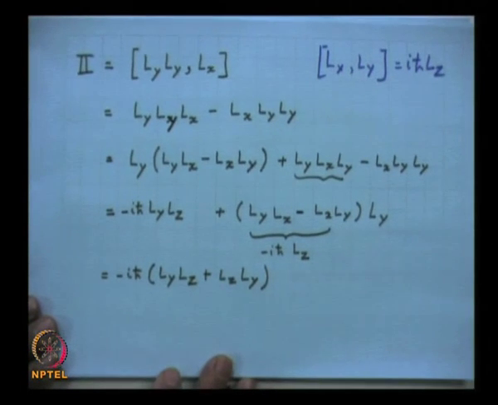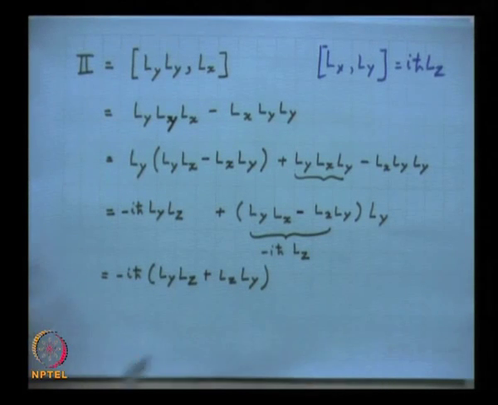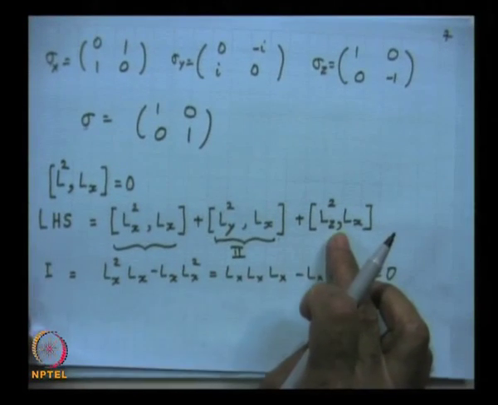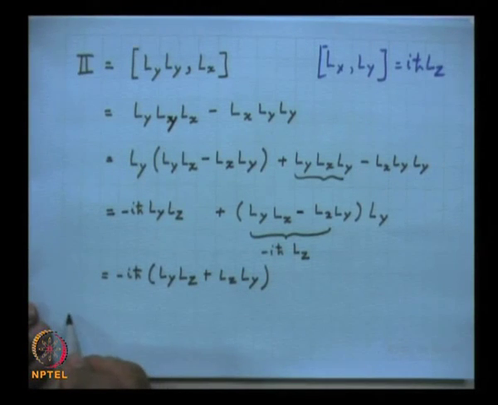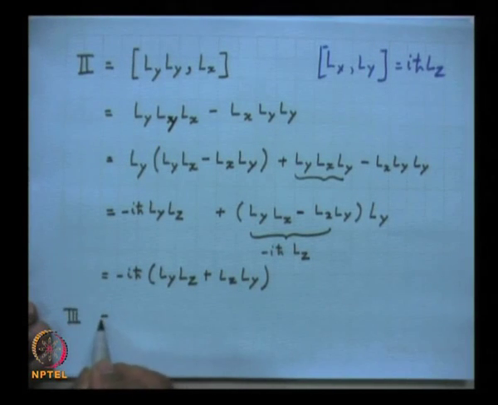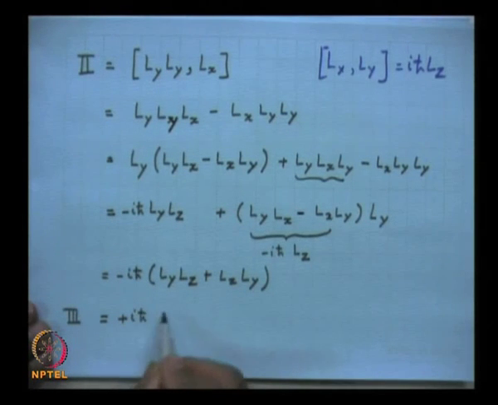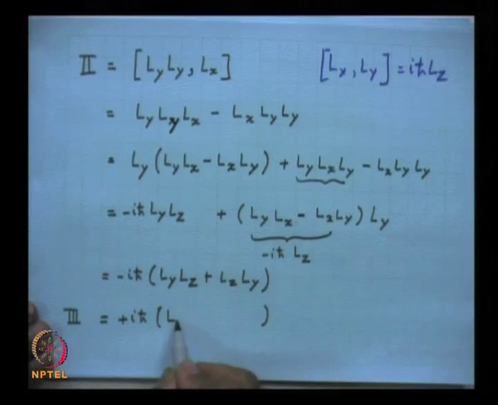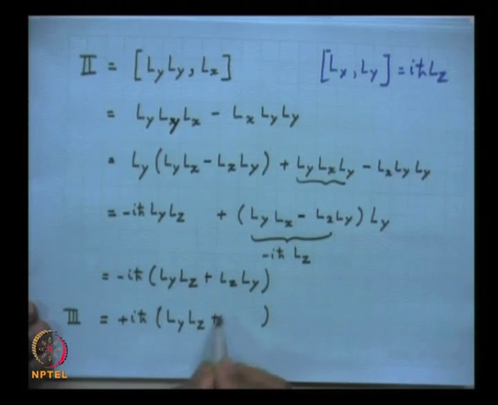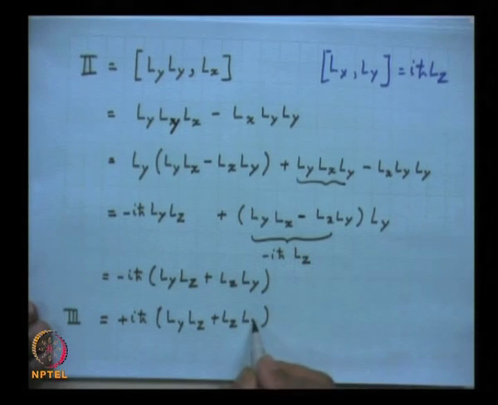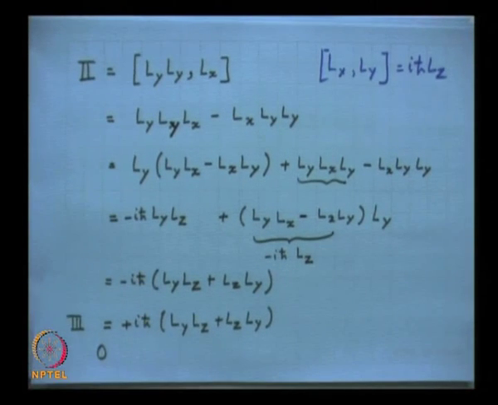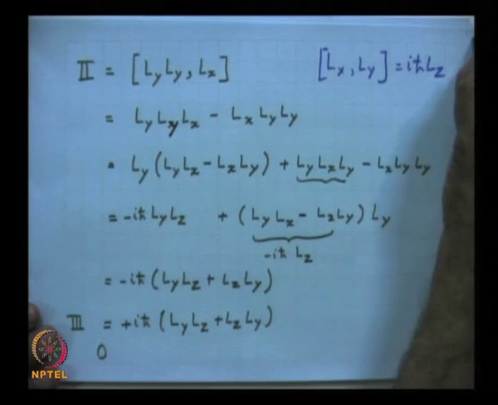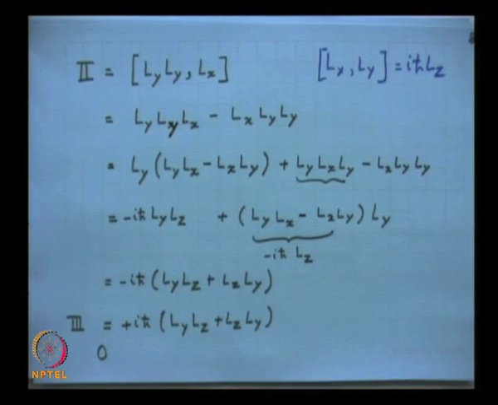I leave it as an exercise for you to calculate the third term, which is L z square L x, and carry out the same analysis, and the third term will come out to be the opposite of this, that is plus I h cross L y L z plus L z L y. And the total will be 0. So, we have established that L square commutes with L x.